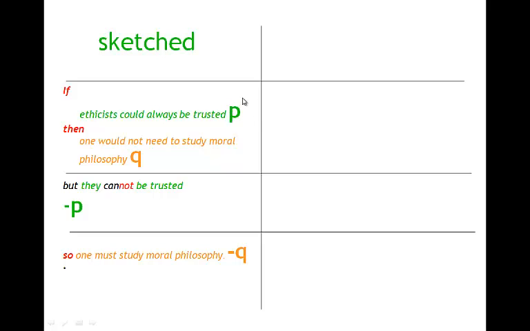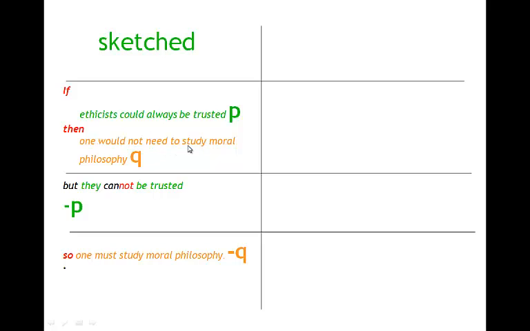We can represent it with a variable P. So we're not going to worry here about the content. We'll just stop thinking about the content for a second. We'll just call it P, and we'll maintain P consistently as representing this little piece of the proposition, this statement about the way the world is: ethicists can always be trusted. We'll call that P.